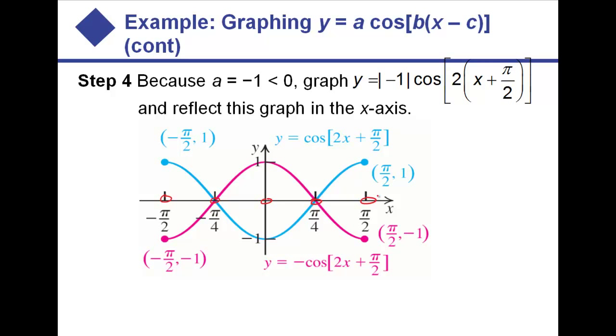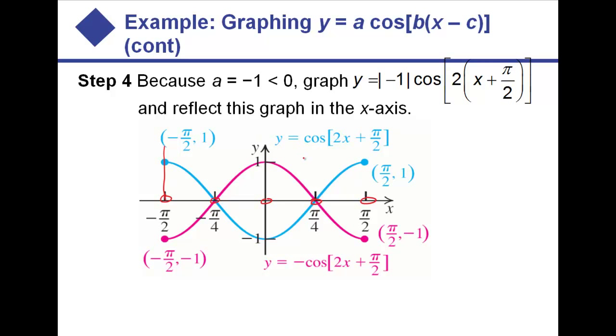Where does cosine normally start? If this is the start, remember this is the beginning of our period, cosine normally starts up at 1, 0, right? If you put in 0 cosine, you get 1. So you start up here at 1, and then it goes to minimum, goes to maximum. That would be the normal cosine that's just been shifted over.